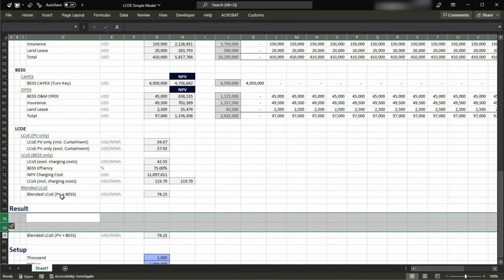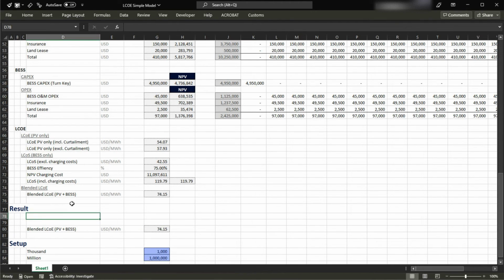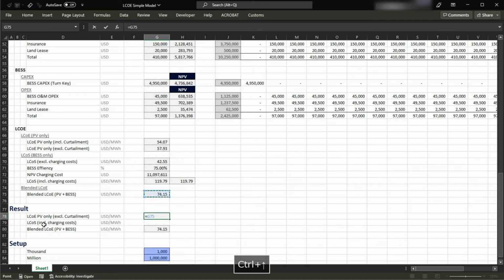Let me add the other two LCOEs. I'm going to grab here the LCOE excluding curtailment, and I'm going to add here the LCOS including charging costs. I want to see both of them here. And I'm going to say this number equals, what is this? This is the LCOE PV only, this one here, and this is going to be equal to 119.